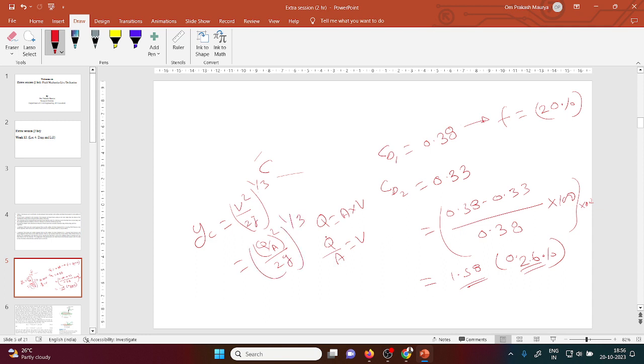In the question it was given 7.5, and area is how much? That is not given, sir. Only width is given, sir. The base is given.